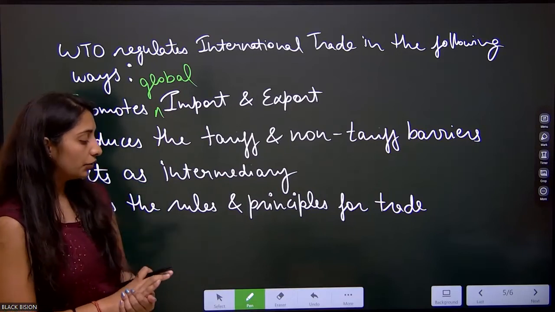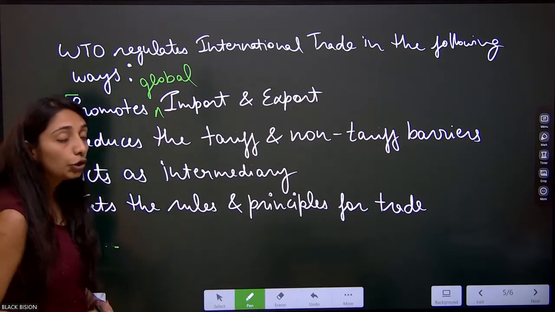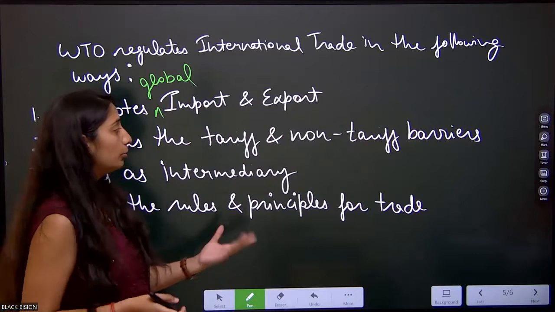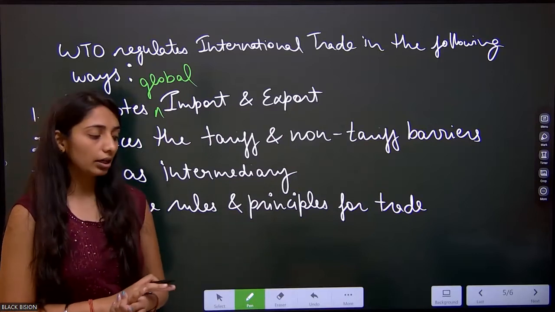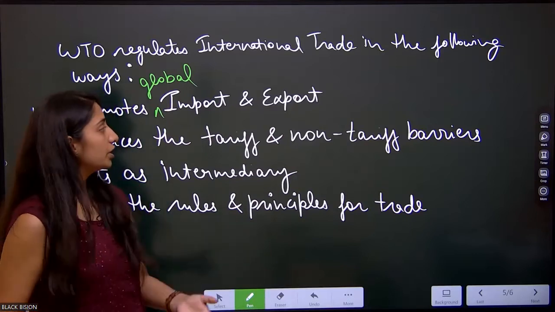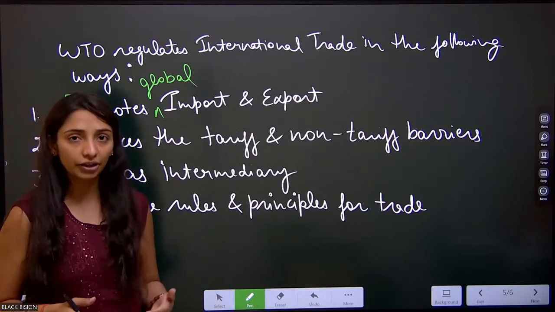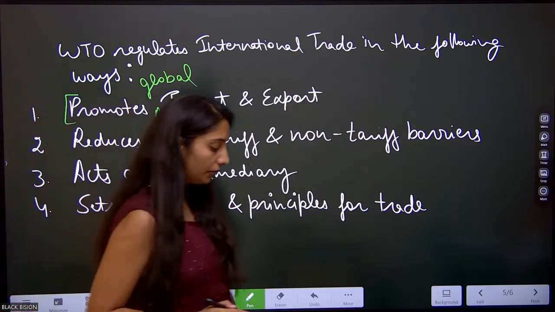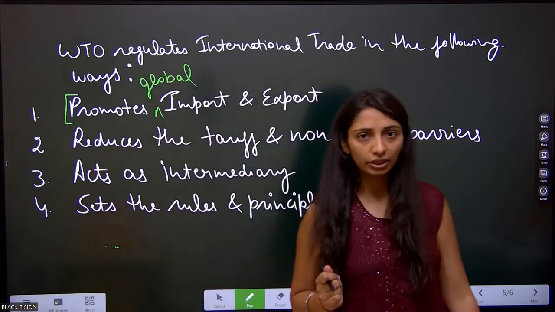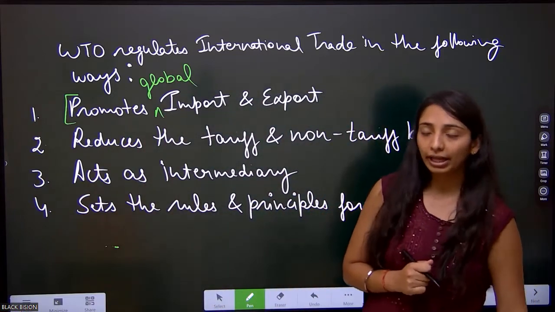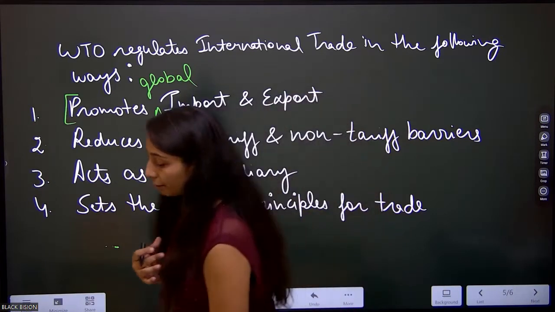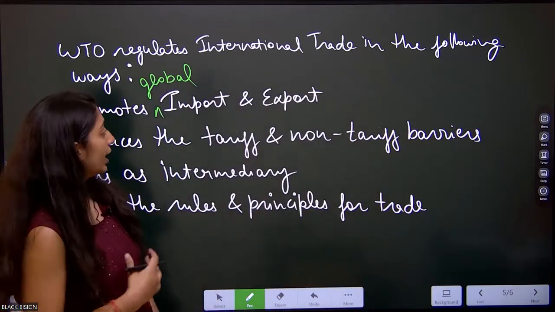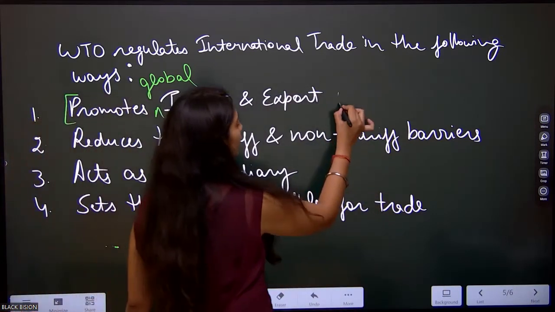Before the Second World War, the countries were least interested in international trade. After WTO came in 1995, and before that GATT was also there, it promotes import and export internationally.